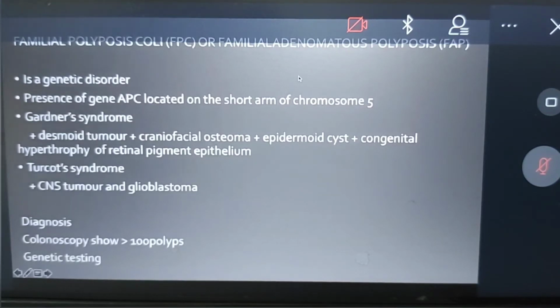familial adenomatous polyposis. This is a genetic disorder with the presence of the APC gene located at the short arm of chromosome 5.